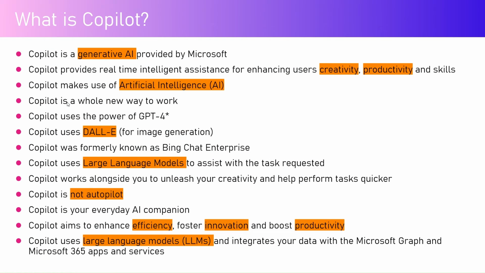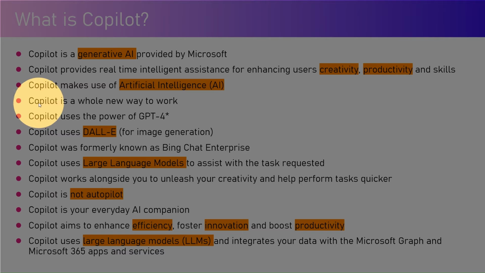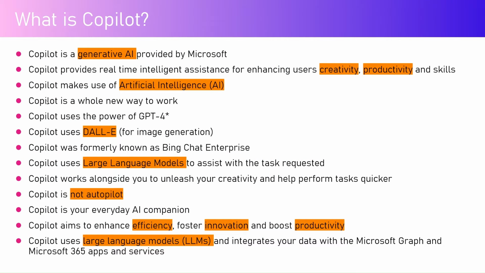Copilot is not an autopilot. Copilot will help you in the journey of being more productive and more creative, just by leveraging internet content. The whole concept is that it scans through the internet, through the documents, through the knowledge base and tries to provide the best possible solution.